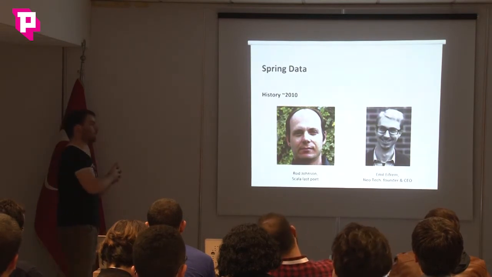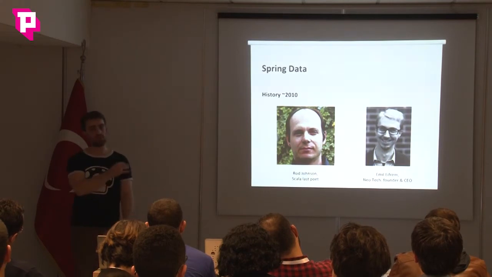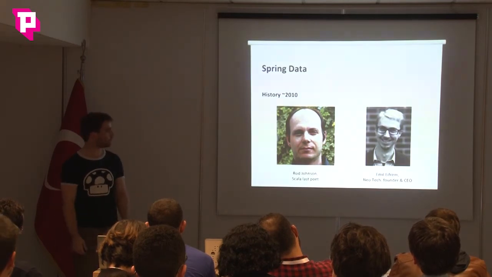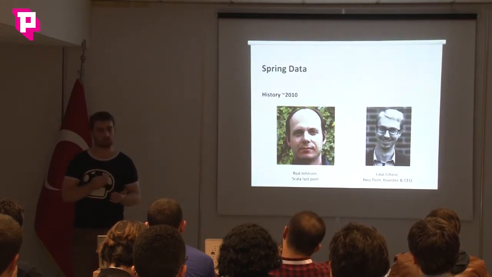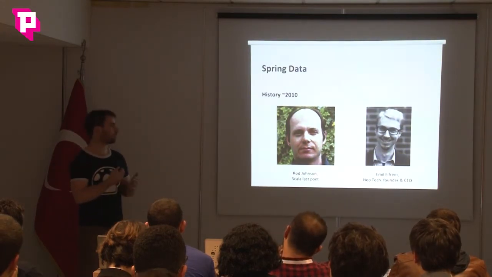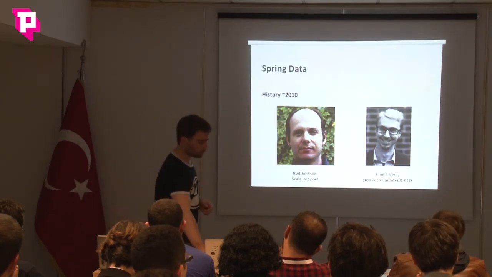Rod Johnson really simplified the enterprise world at the beginning of the 2000s with Spring, and he saw Neo4j. Oh man, it's very powerful, but it's very verbose. There are many things we could do together, and that's how you got Spring Data Neo4j.